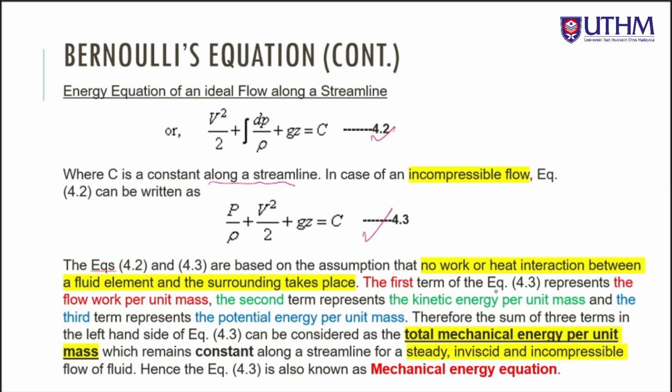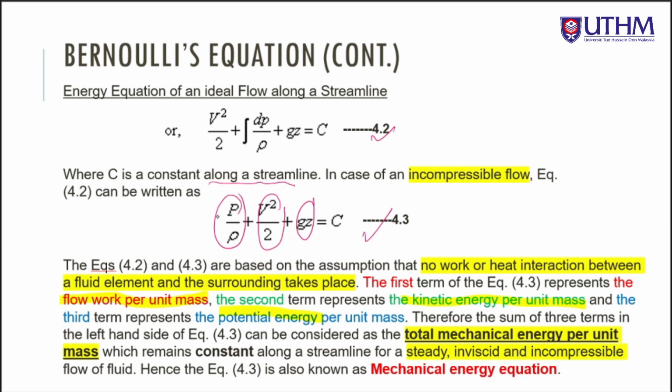The first term of equation 4.3 represents the flow work per unit mass. The second term can be considered as the kinetic energy per unit mass, and the third term is the potential energy.